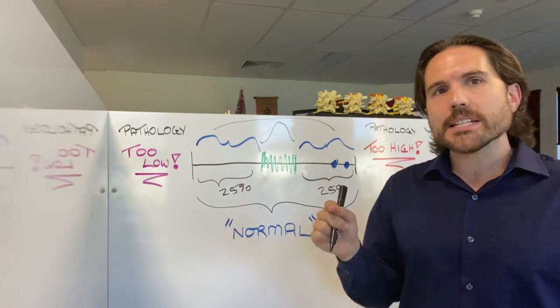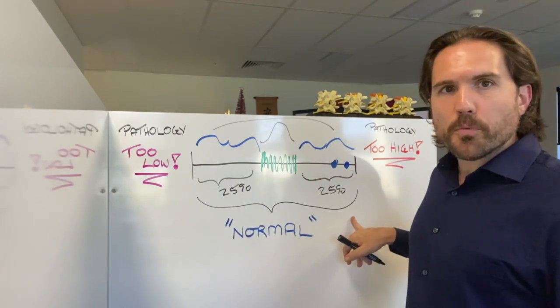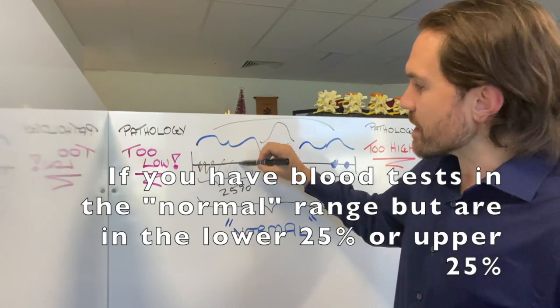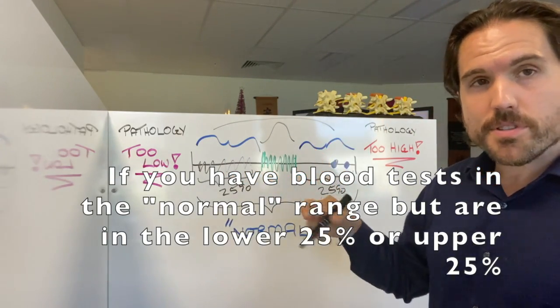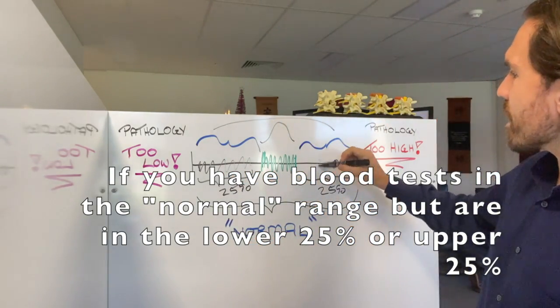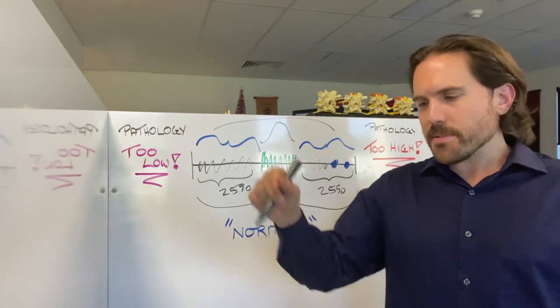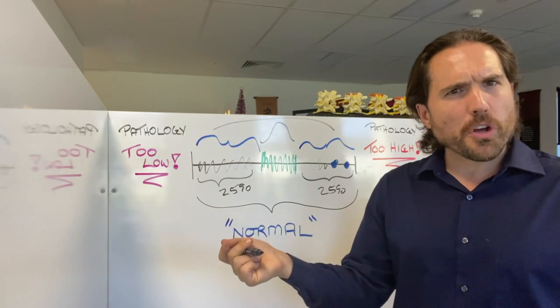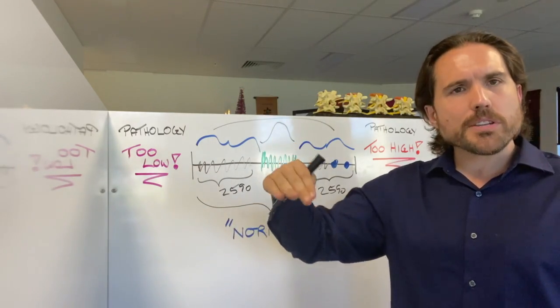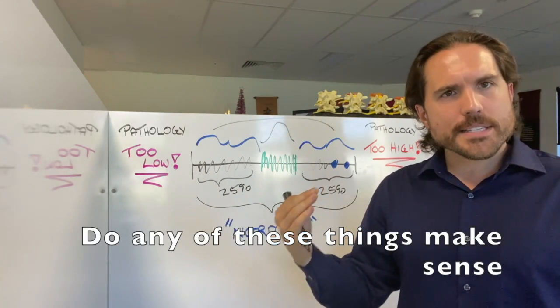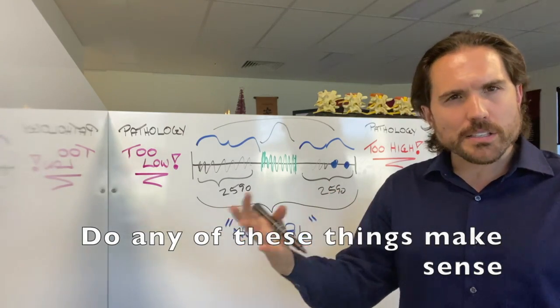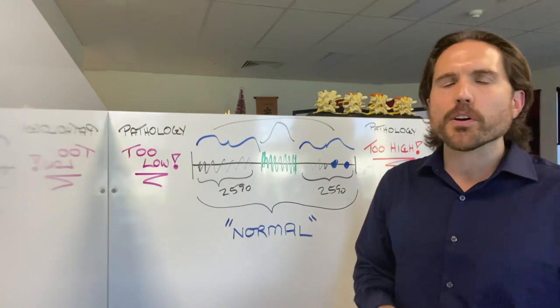If you have blood test readings that are still within the normal range, but they are either in the lower quarter, so the lower 25%, or they are in the upper 25%, in your own notes, just simply make a little asterisk, put a little star there, and then you can look to see, do any of these things make sense? And do these things tell a little bit of a different story about what is going on in your body?